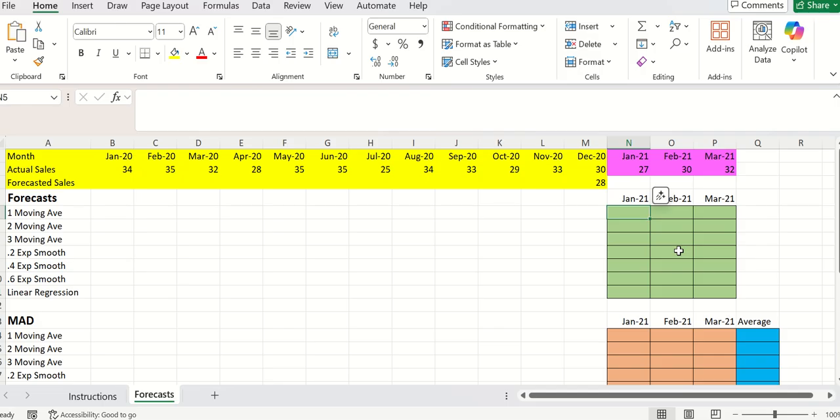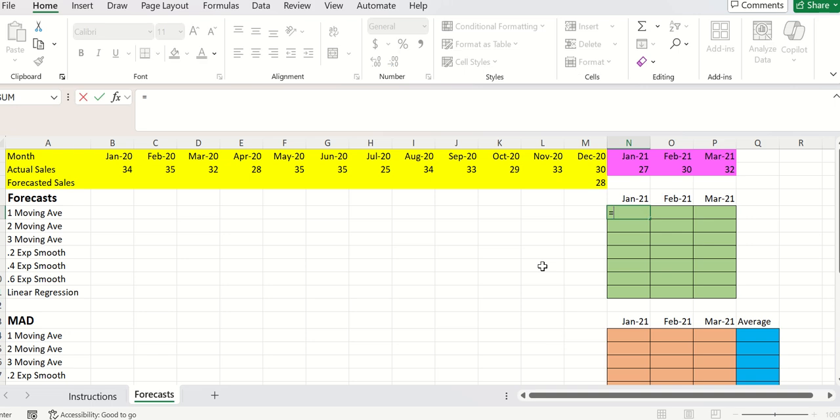So if I'm talking about a 1 month moving forecast, this really is a naive forecast. What I am doing is going to the very first forecast for January 2021 and clicking on the block. The January 21 forecast really is what actually happened in December, right?